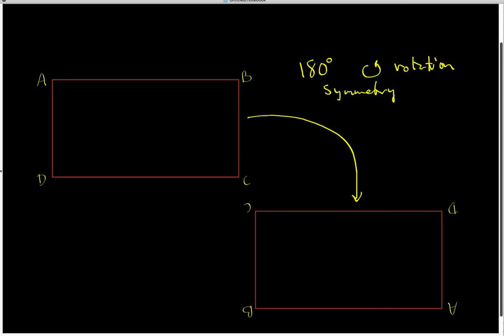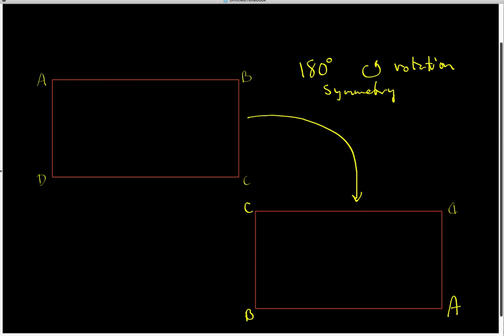Now, to make the picture just a little bit easier to understand, I want to turn these upside down labels right side up. So if I think in terms of this one, this is where A landed. And this particular thing here is where B landed. And this one here is where C landed.